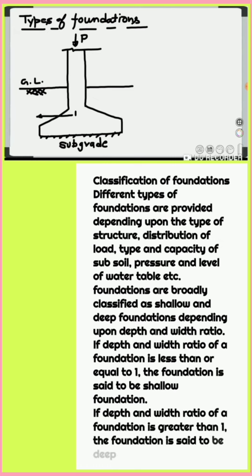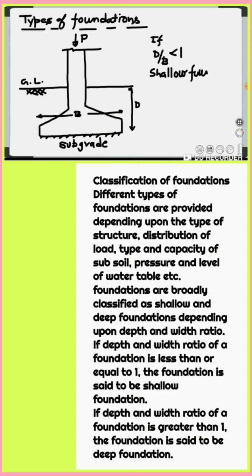If depth and width ratio of a foundation is less than or equal to 1, the foundation is said to be shallow foundation. If depth and width ratio of a foundation is greater than 1, the foundation is said to be deep foundation.